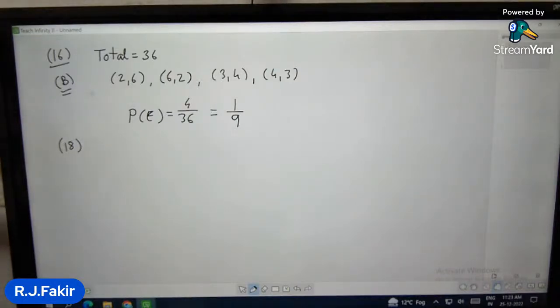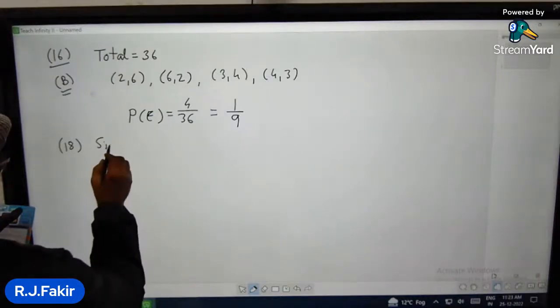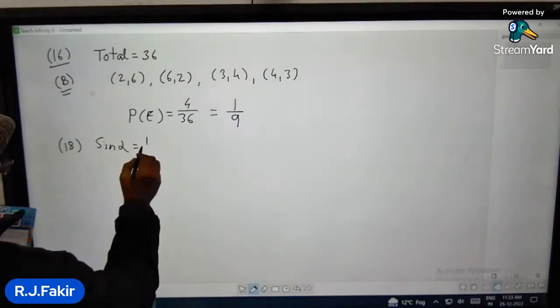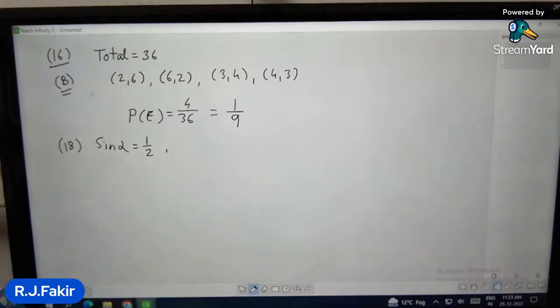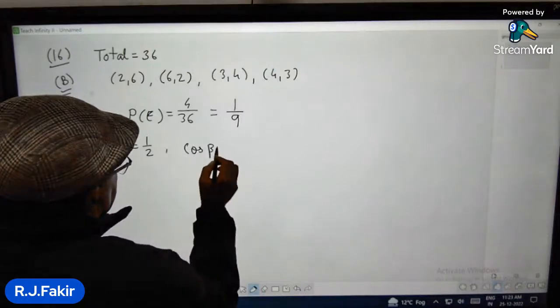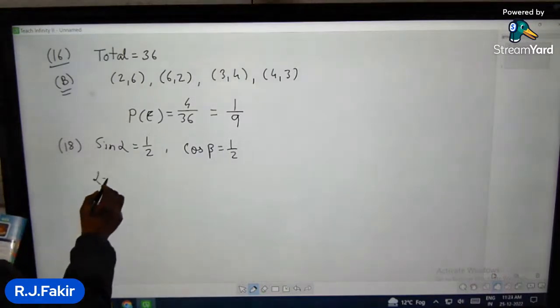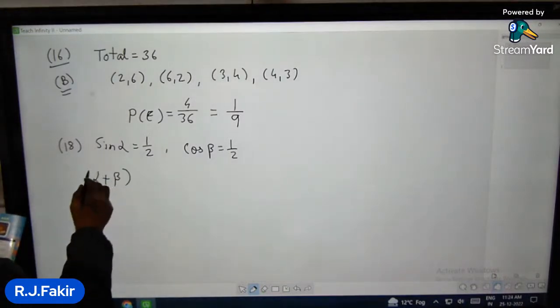What is given here is sine alpha is 1 by 2 and another value is given, cos beta is 1 by 2. We have to find the value of alpha plus beta.